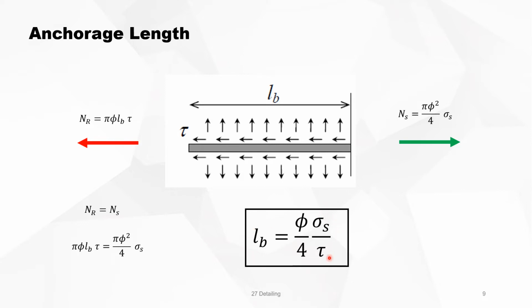So it is important to notice that the anchorage length is proportional to the stress applied in the rebar, and it is also proportional to the diameter of the rebar.